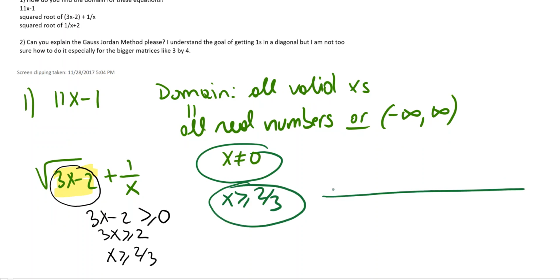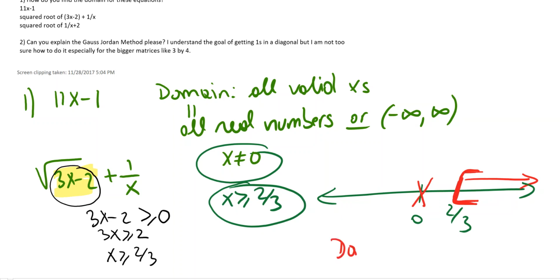Okay, so if you draw the number line, let's say 0 is here and then 2/3 is there, basically x cannot be 0 and it has to be greater than or equal to 2/3. So these have to take place at the same time.